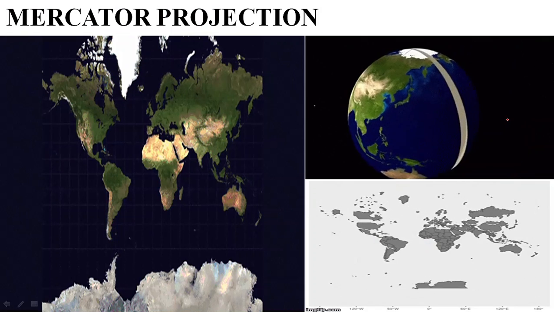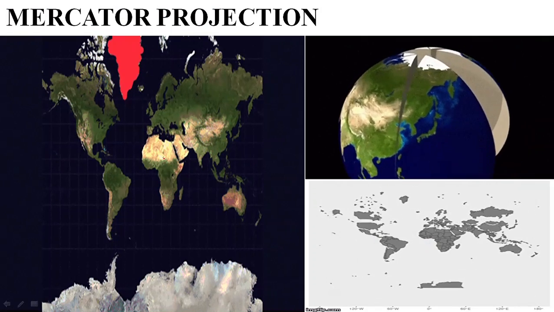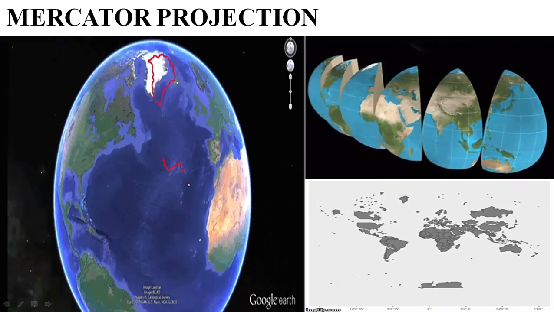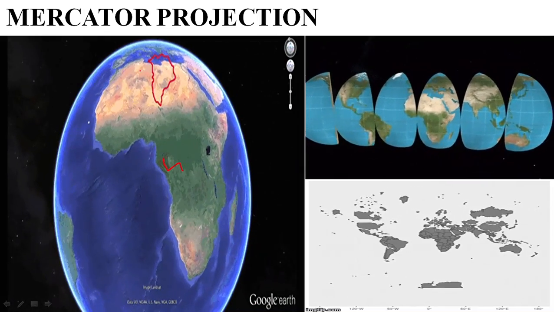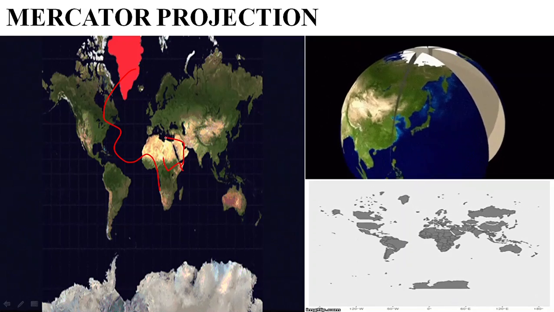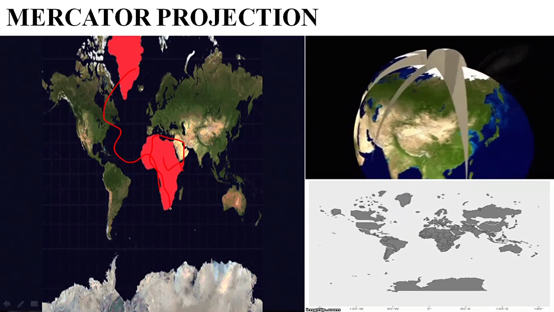Like here in the Mercator projection, Africa looks so small. However, on Google Maps, Africa is so big, so large, but on this map it is comparatively small.